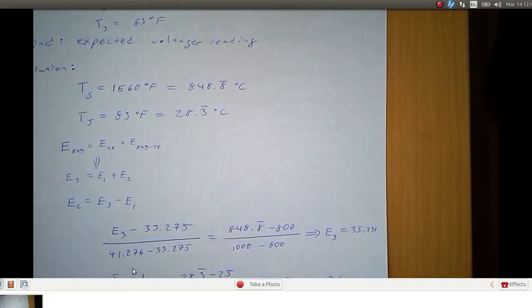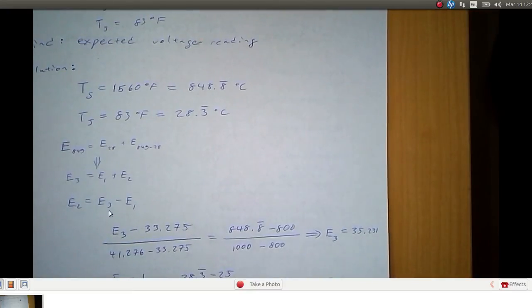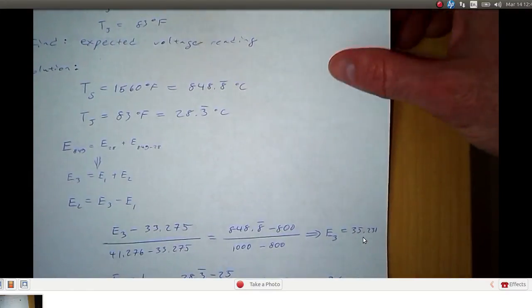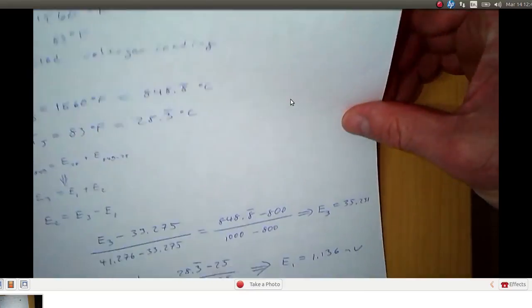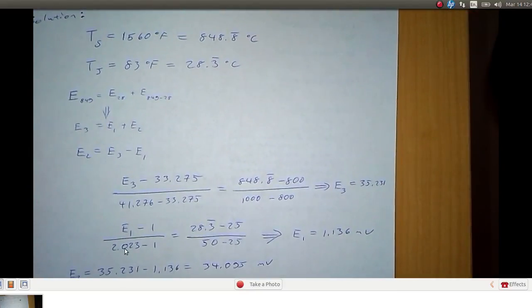E3 we can get from the table. So E3 would be the voltage from 0 to 849 degrees. And linear interpolation gives us that E3 is 35.231 millivolts. And this is for a type K thermocouple. And E1 is also available from the table.